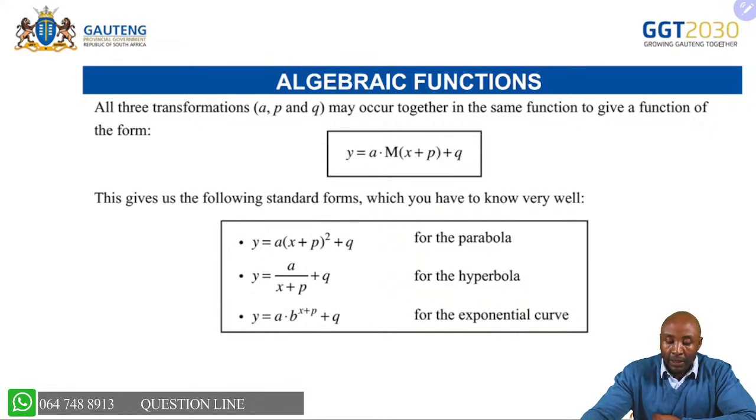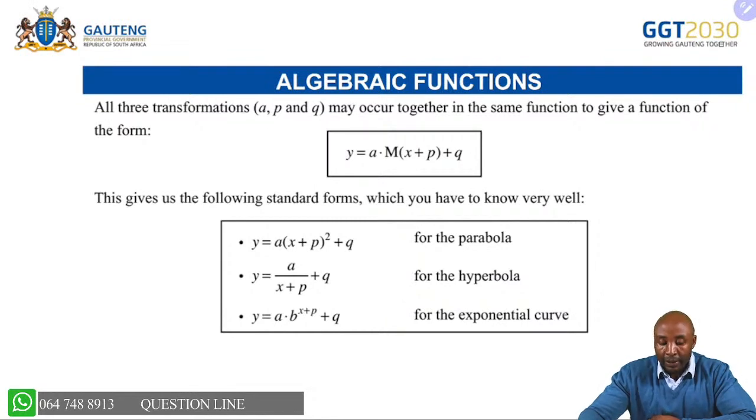X plus P, we said it affects our horizontal transformation. And we know that Q affects our upward and downward movement. We should be able to recognize these from the equations of our functions. We will move along and see what happens when that happens.